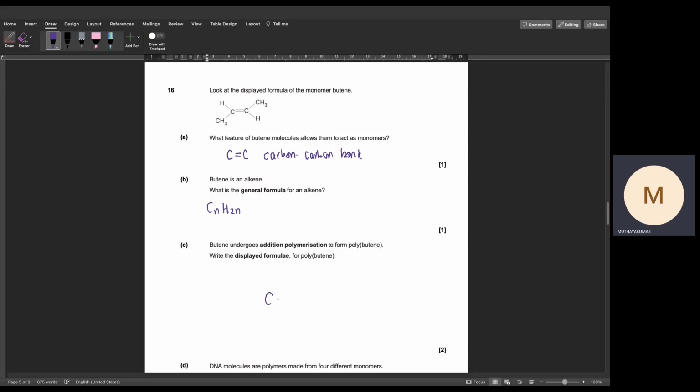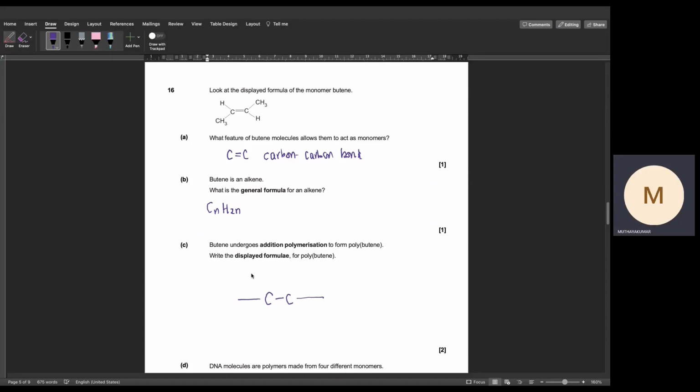So we need to first write the carbon-carbon bond in the middle, but this time we're going to remove that double bond. In polymerization, when 2 butene monomers join, that double bond breaks. So we're going to show that double bond breaking. The next step is to extend the 2 bonds on either side of the carbon.